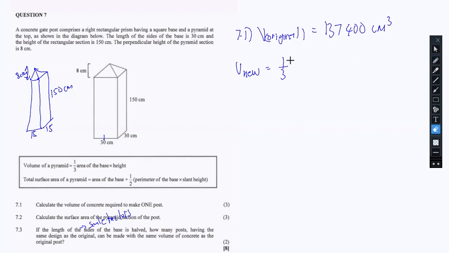So first, the one for the rectangle, it's length times breadth times height, and then plus 1/3 area of base, which is length times length, and then times the perpendicular height.